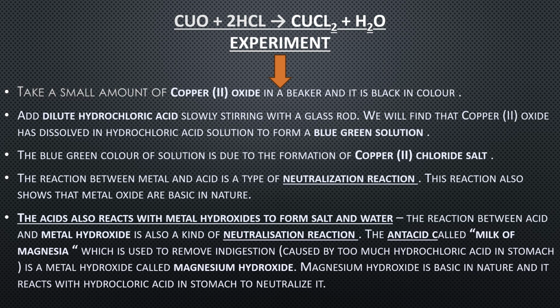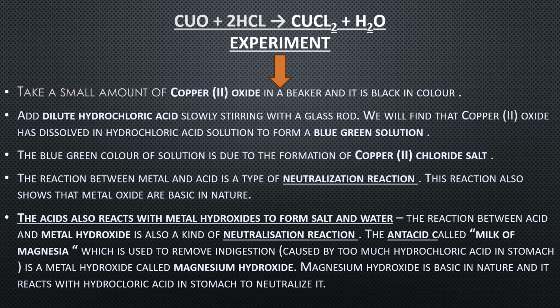The reaction between metal oxide and acid is a type of neutralization reaction. This reaction also shows that metal oxides are basic in nature. They are basic in nature because acids also react with metal hydroxides to form salt and water.